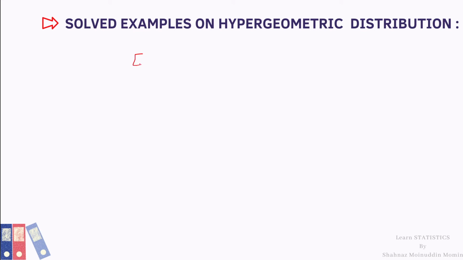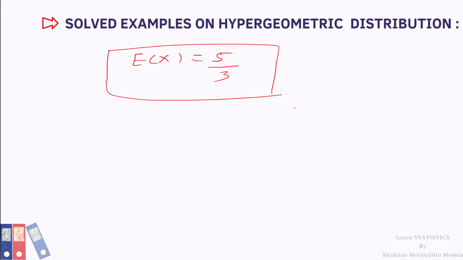So the expected value of X is equal to 5 by 3. This is the expected number of defective items in the sample of size 5, which is taken without replacement. In this way, in this lecture, we learned how to calculate probabilities by using hypergeometric distribution.